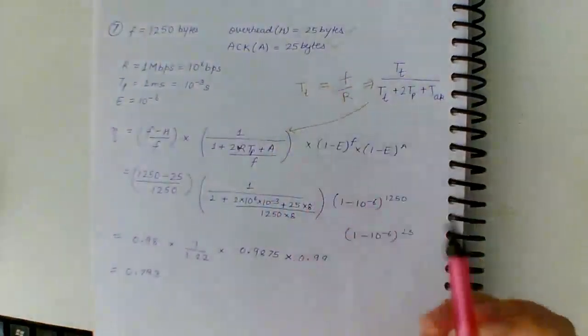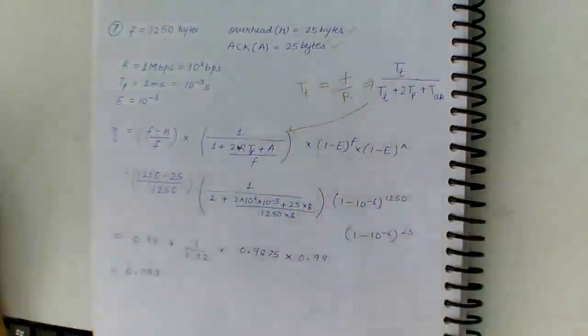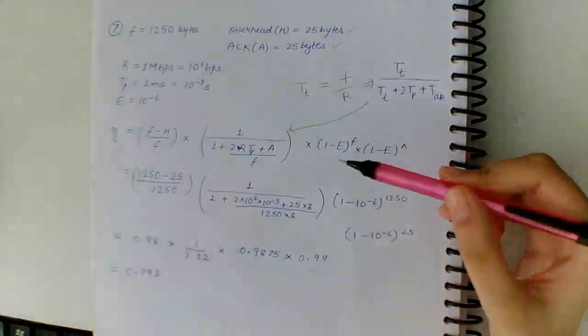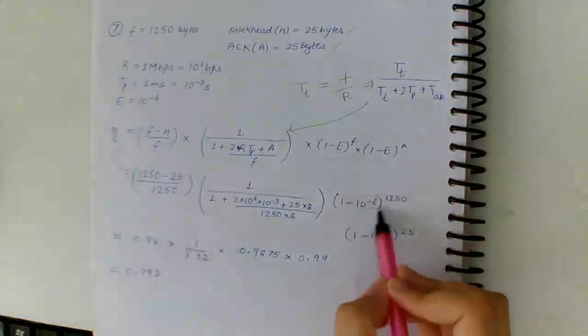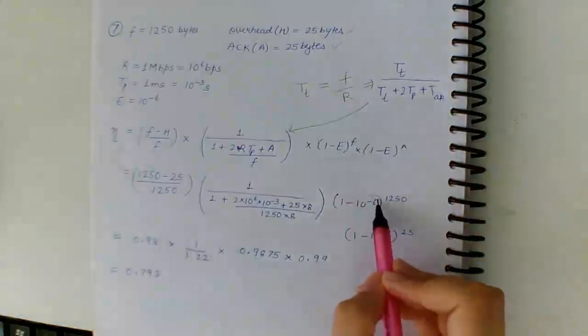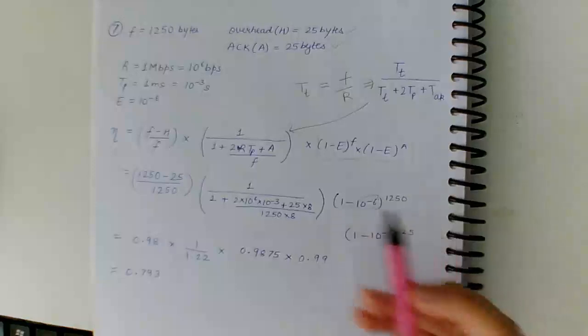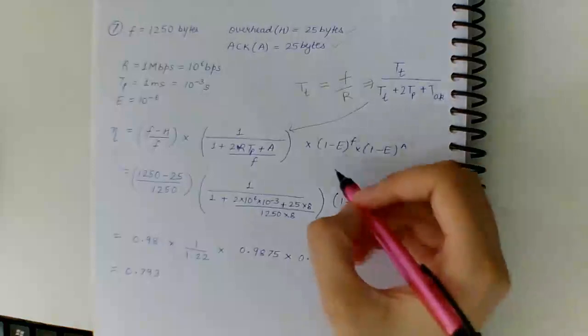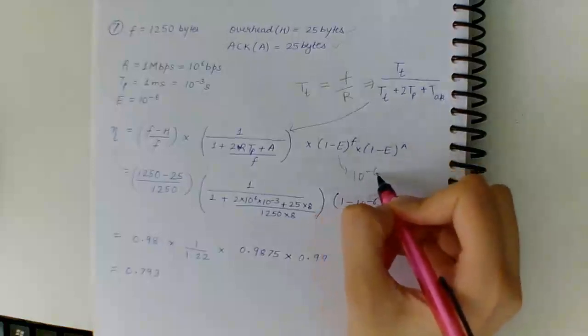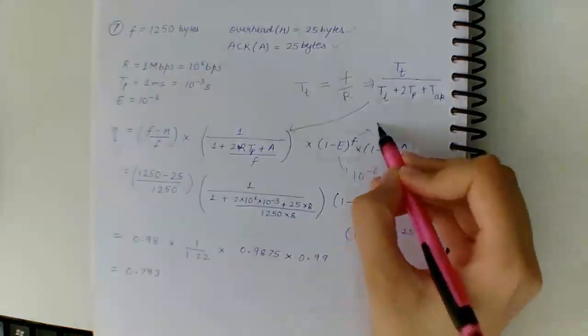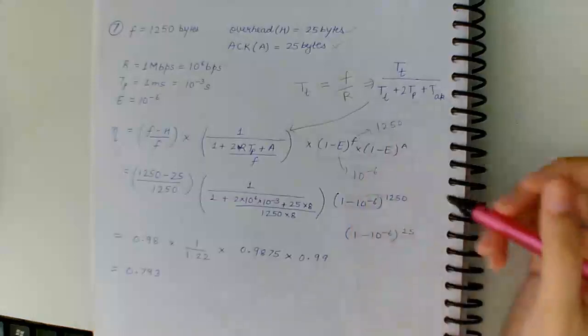And this here is the section for error. We have been given that the bit error rate is 10 to the power minus 6 for the frame, and here we replace e by 10 to the power minus 6 and the frame size as 1250.